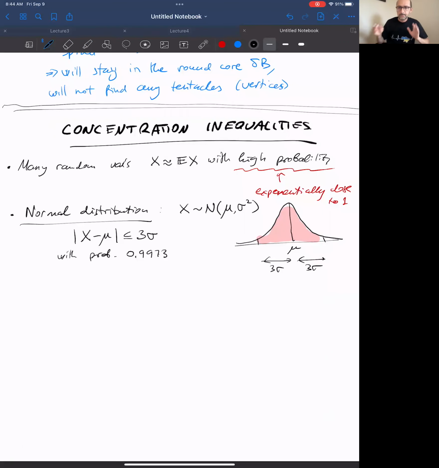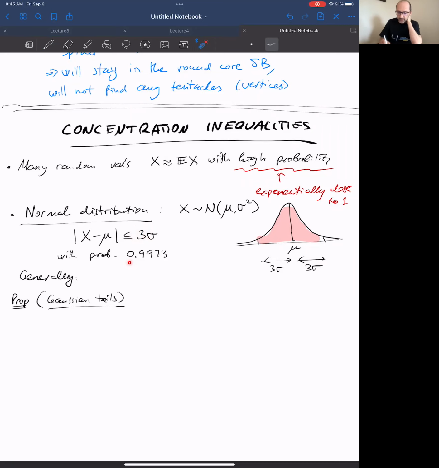We need a general bound on the Gaussian tails. What we want to say is something like this. What if it's not 3? What if it's 4 or 5 or t?